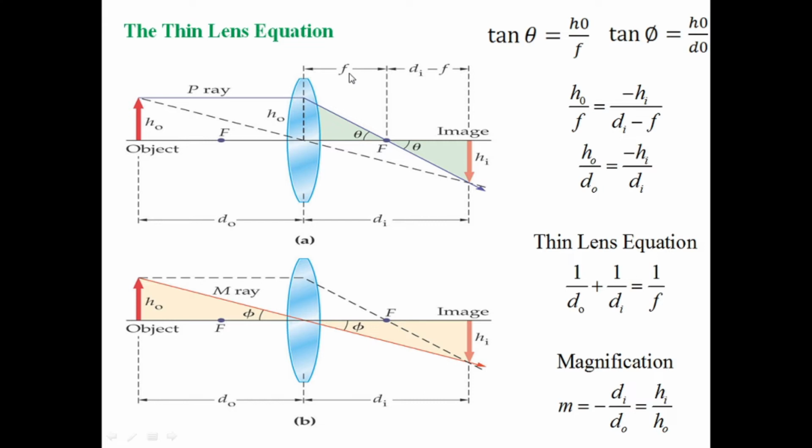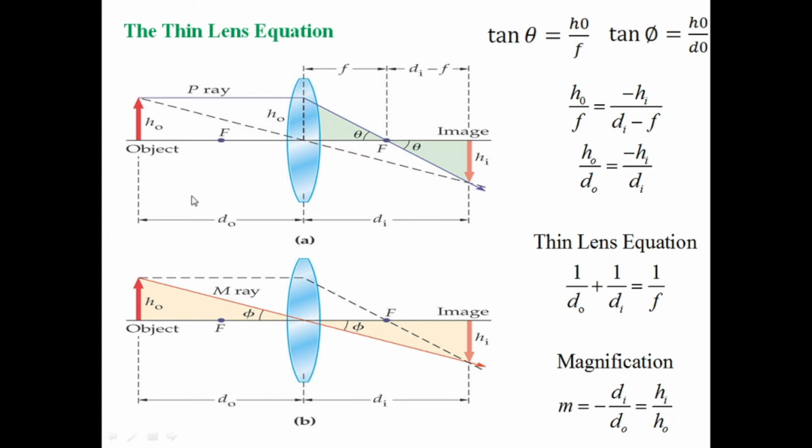If small f is the distance between this focal point and the lens, di is the distance between the image plane and the lens of your camera, and d naught is the distance between the lens of your camera and your object. Now this f is a focal point in front of the lens, and this f is also a focal point present behind the lens.